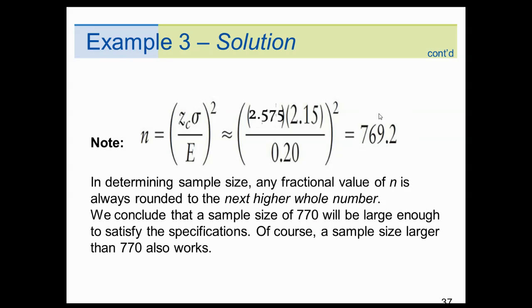The only time I wouldn't round up is if the digit in the tenths place was a 0. Anything else, a 1, 2, 3, 4, 5, 6, 7, 8, 9, I'm going to kick it up to the next highest number. No matter what that decimal is except for 0, we're rounding up, not off.